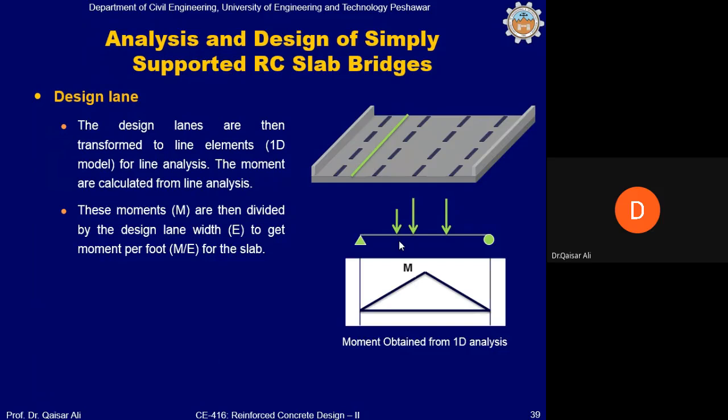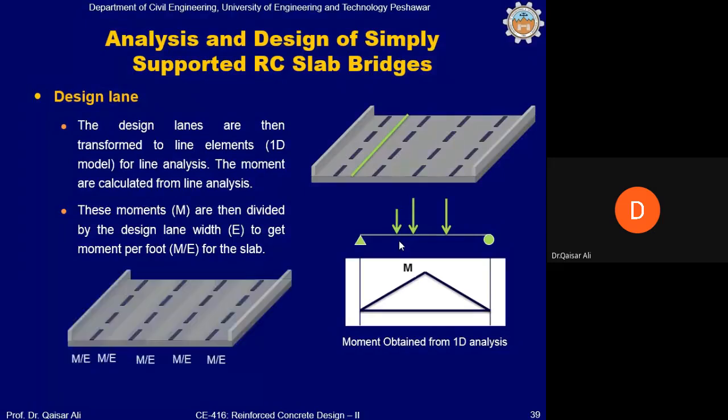Once the bending moment is calculated from the line analysis, it is again transformed into bending moment per unit width of the slab. So whatever E, the design lane width, is, these bending moments will be divided by it to give us bending moment per unit width. And these design lane widths can be calculated using equations as given in the next slides.